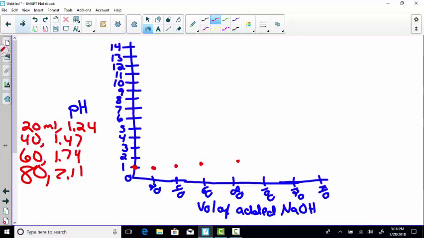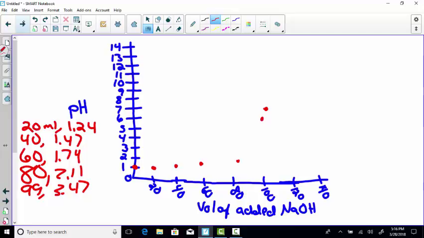And then at 100, we go up to 7. So that's where we backed off, and we did 99. And at 99, we were 3.47. So even at 99, we're only roughly somewhere in there.